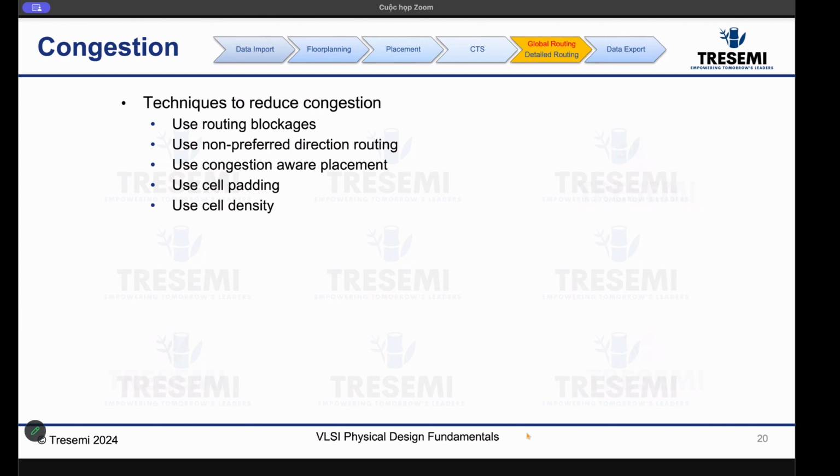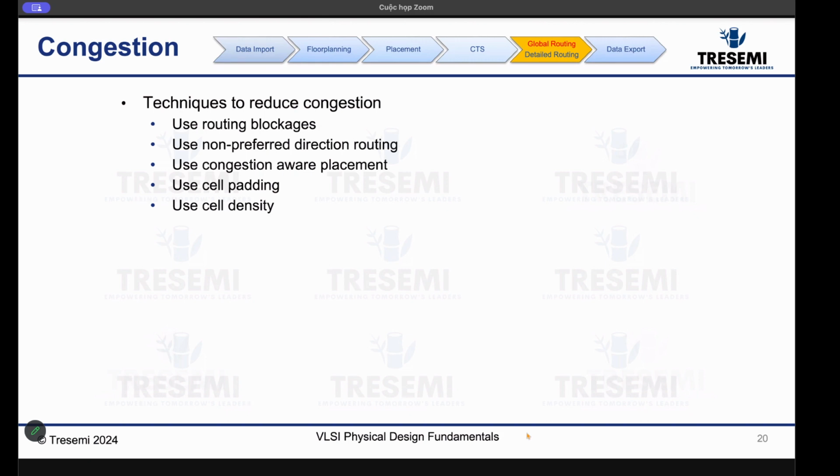So if we know that within a certain channel we use up all of the vertical, and the horizontal we're not using, we can actually change that layer over that channel to be vertical instead of horizontal, right?